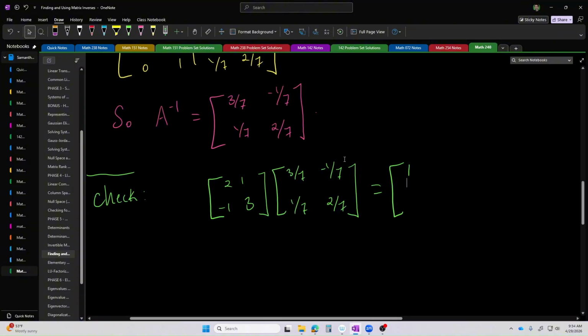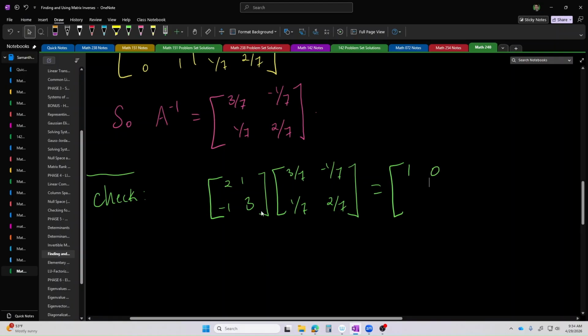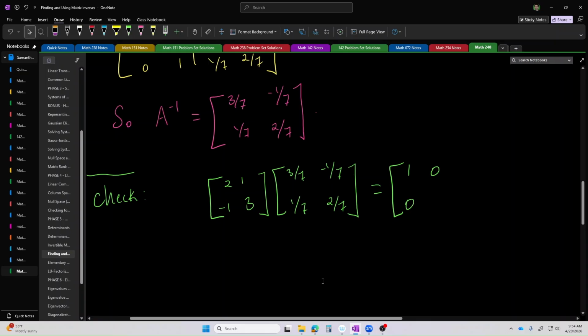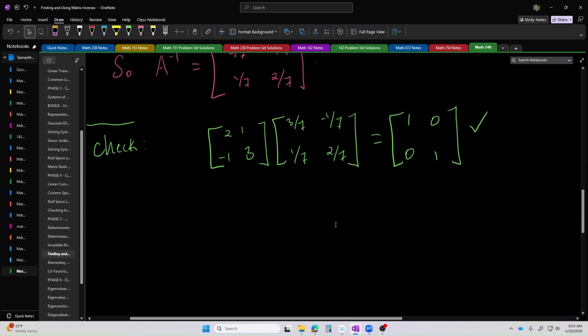I'll get negative 2/7, positive 2/7, result 0. I'll get negative 3/7, positive 3/7, result 0. I'll get plus 1/7 plus 6/7, result 1. So if I multiply the matrices together in that order, I sure do get them to cancel out and become the identity matrix.